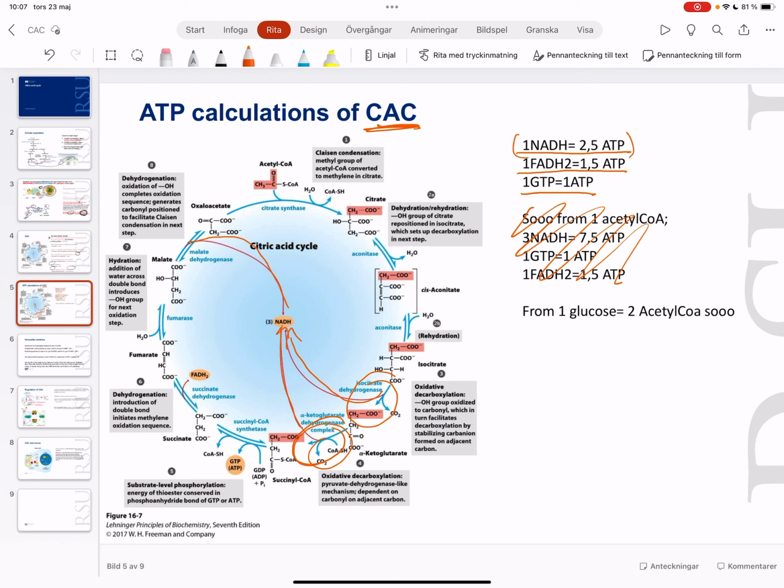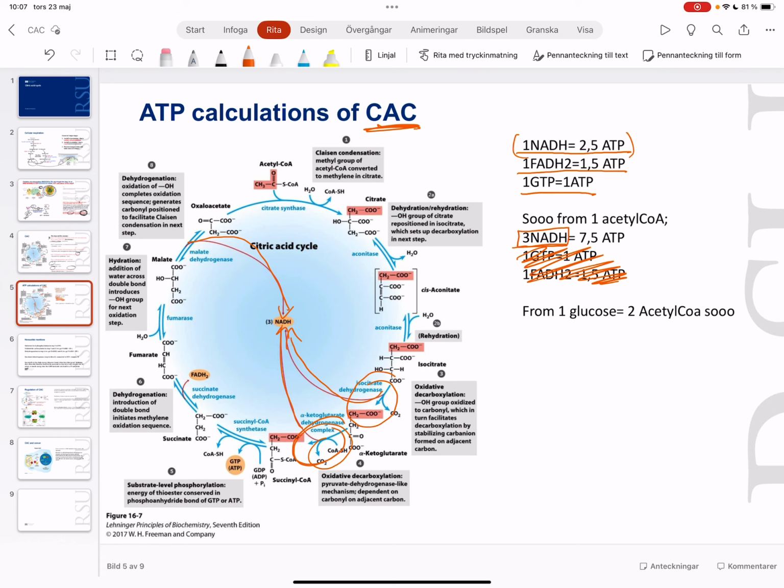Also, there will be 1 NADH from this reaction. So basically, NADH will be 3, which is what I've written here. So we will receive 3 NADH from the citric acid cycle.